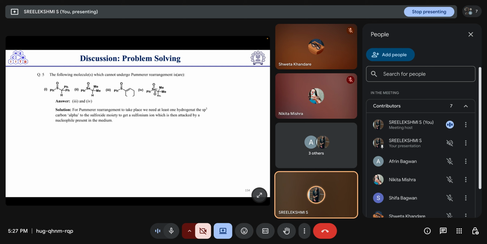The correct answer is the third option and fourth option. As we said earlier, for Pummerer rearrangement to take place, there should be at least one hydrogen at the sp3 carbon alpha to the sulfoxide moiety to get a sulfonium ion. Here we can see this proton is there, and here also this proton is there. Here there is no such proton. Here also, in the alpha position, there are two methyl groups and one phenyl ring, so there is no alpha proton. So Pummerer rearrangement cannot take place.